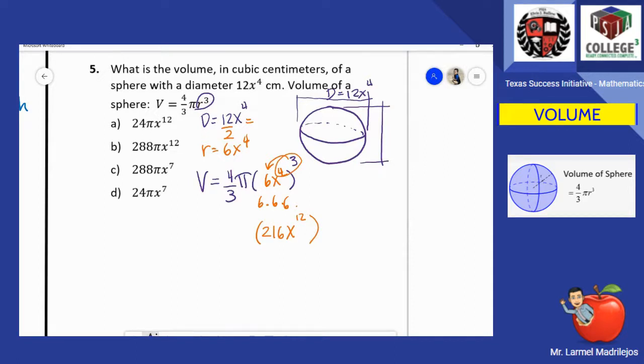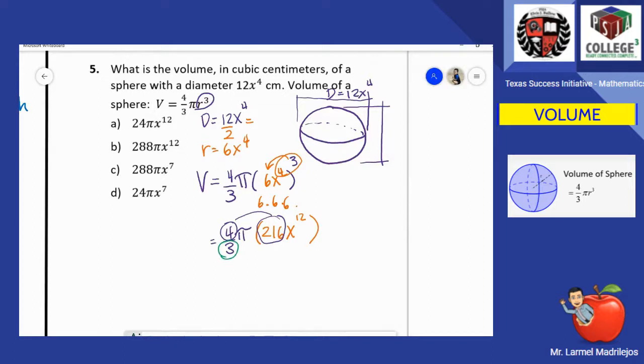Rewrite this, 4 thirds pi. Now I'm going to multiply 4 times this number here, and then divide by this number here.